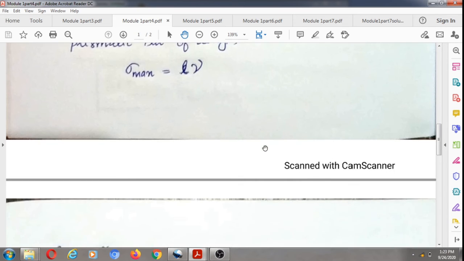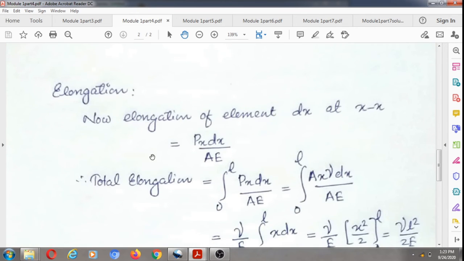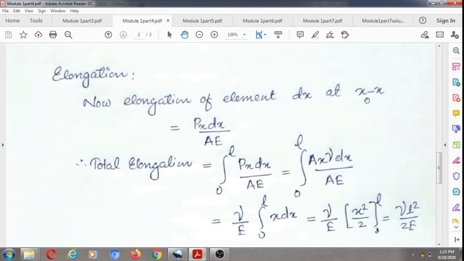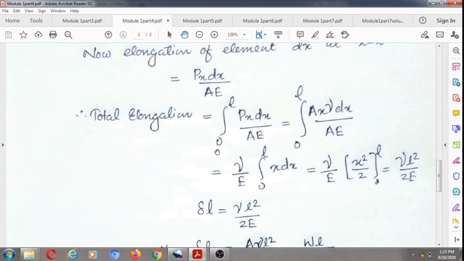Next step, you have to find the elongation. The elongation of the element dx at x: you have the expression PL by AE. Here Px is the load, replace L with dx, and take the area of cross section and Young's modulus. Therefore the total elongation is equal to the integral from 0 to L of this equation.